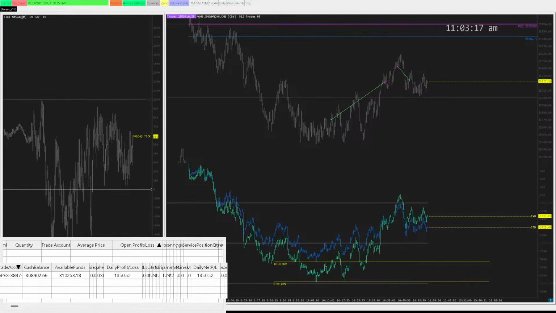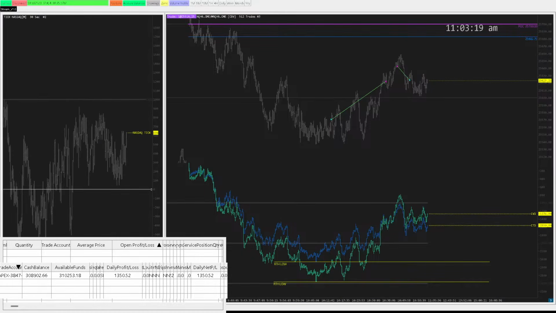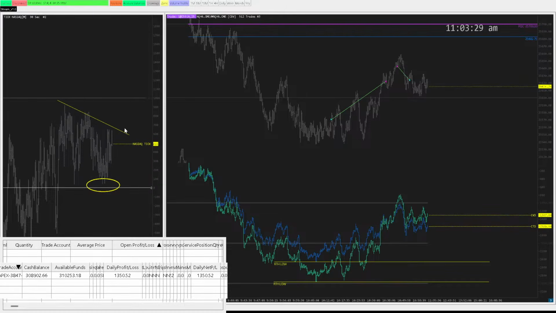People talk about price as now, notice that this did not make a new low here. So one of the things you can do, if you're looking at the tick, is simply draw, if this thing is actually going to go down, this little, I'll thicken this up again so you guys can see it, right?